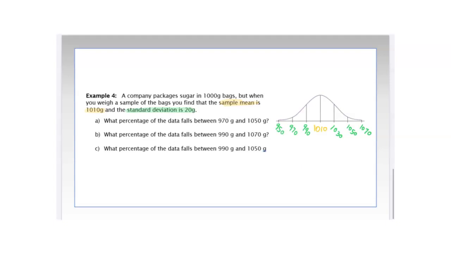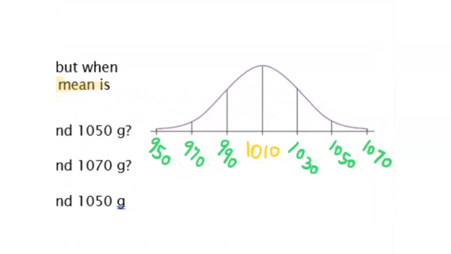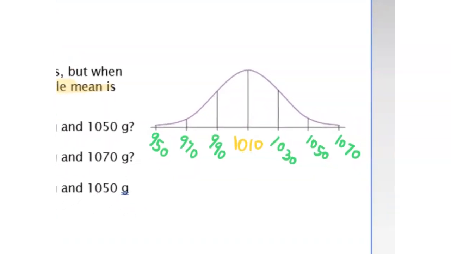All right. For this problem, since each of our little questions here are asking us about what percentage, let's go ahead and write in our percentages for our normal distribution curve based on the empirical rule. So here we'll have that this is 34%, 34%.